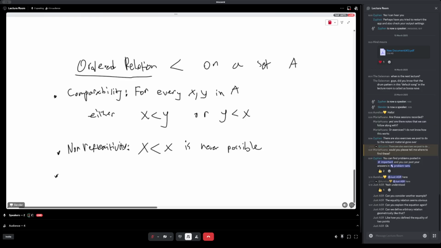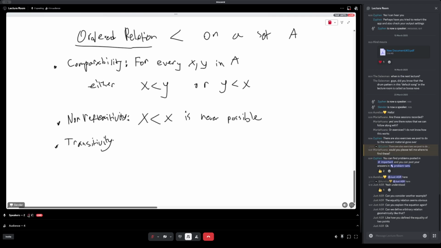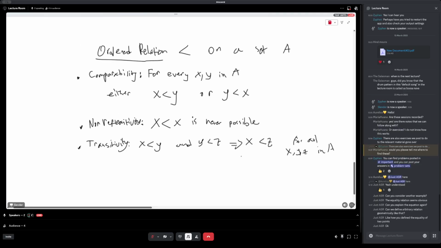And then the third condition we have is transitivity. It's here again. So x less than y and y less than z implies that x less than z, for all x, y, z in A. So that's an ordered relation.